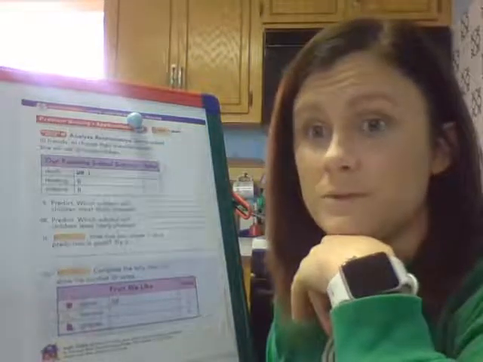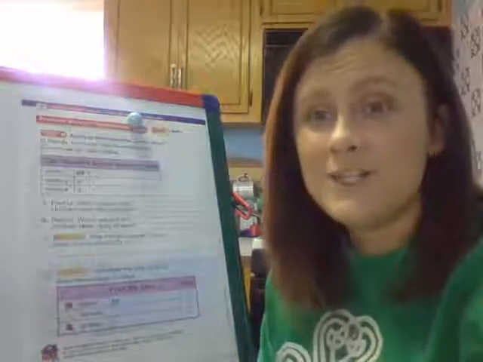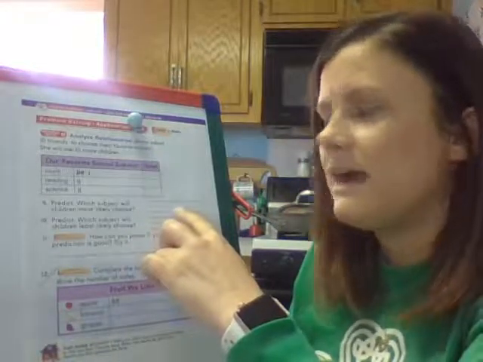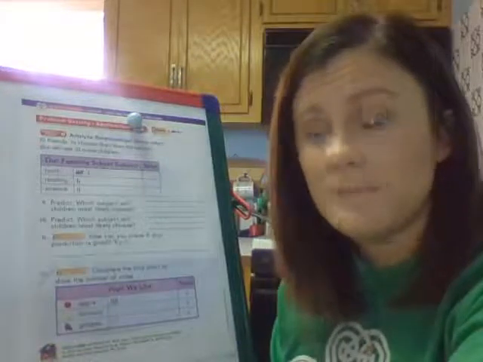I want you to look and see, what did most children choose for the first 10? Can you point to that subject? Now, thinking logically, if the most children chose it the first time, a great prediction is that the most children will choose it again. So on that line, I want to write the subject I think the most children will choose again. And it makes the most sense that it would be the subject that was the most popular to begin with.